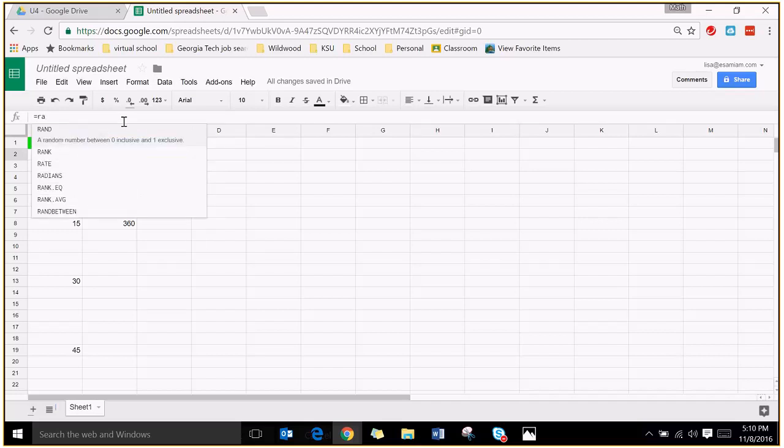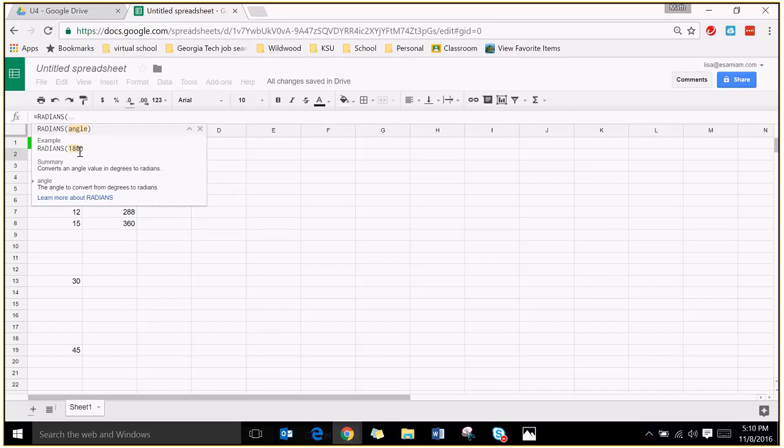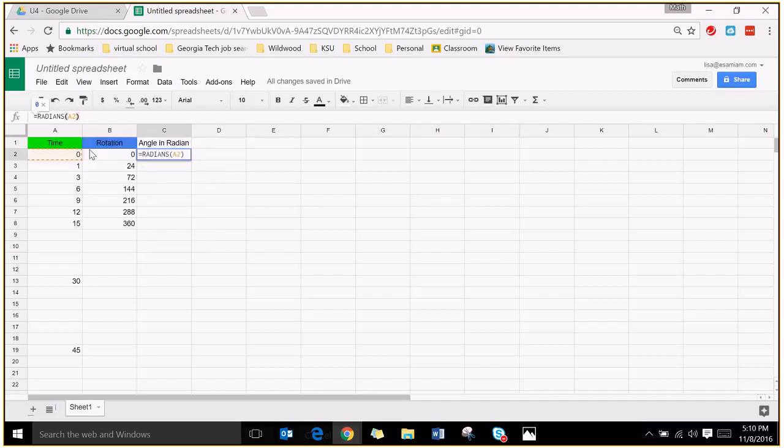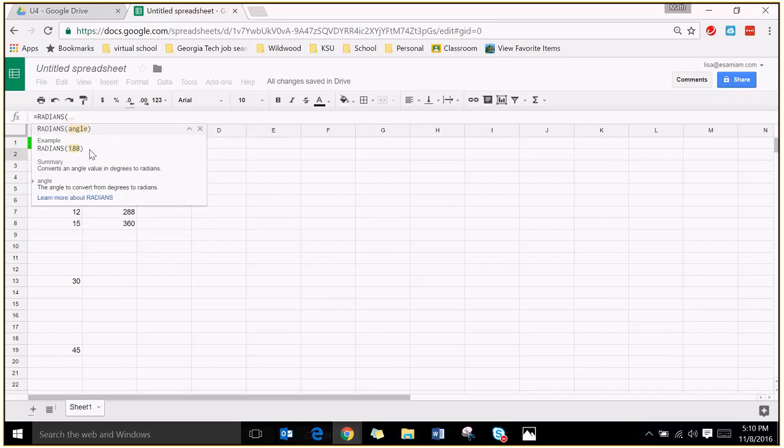When you start typing the word radians, you'll notice that the fourth choice down is convert angle measurements to radians. And then you type in that A2 again, or no, this time it's B2. I'm sorry, B2. I'm typing that and it's not working.